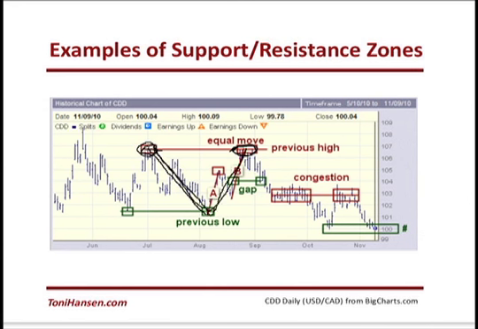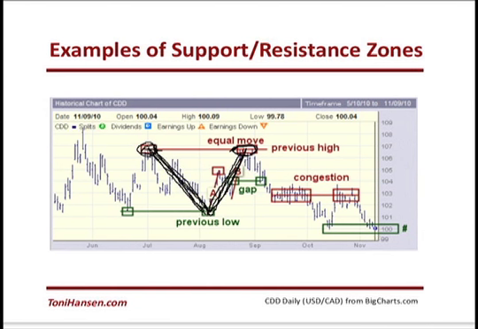Previous highs and previous lows tend to hold the best when you have similar momentum moves back and forth, going from one level to a low and then back again. So we have this drop here and then this V bottom. And when you see that happen, that's when you know there's a higher chance that this previous high is going to serve as a strong resistance level.